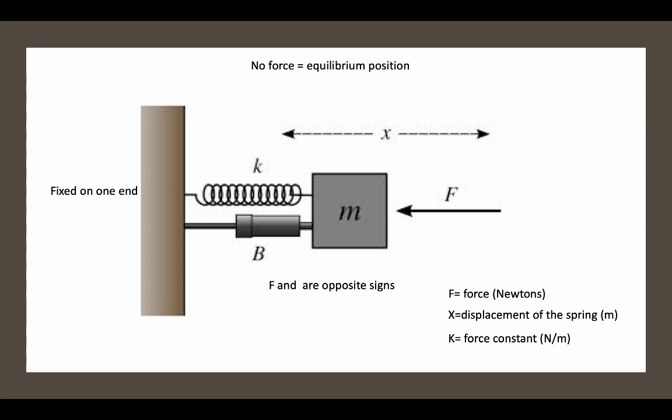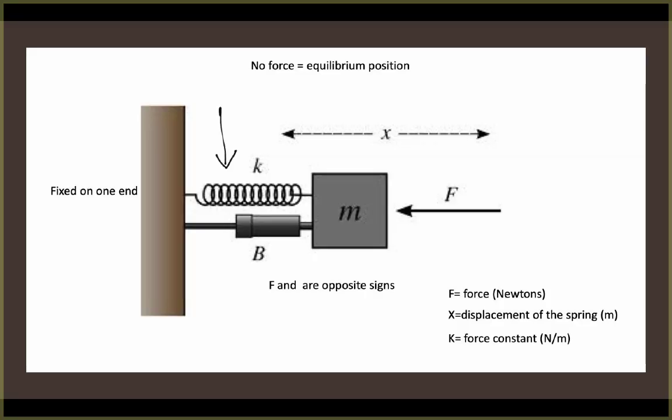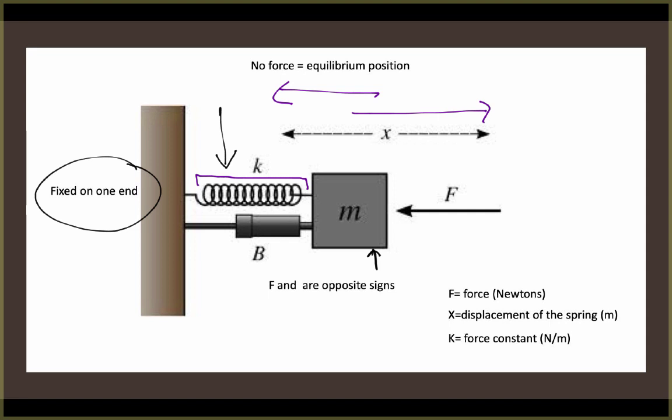So let's look at an example here. Essentially we have this spring that's positioned, and one part of it has a fixed end here. And on the other part, we have this weight. Then we can either push it this way using the weight, or we can pull it this way.